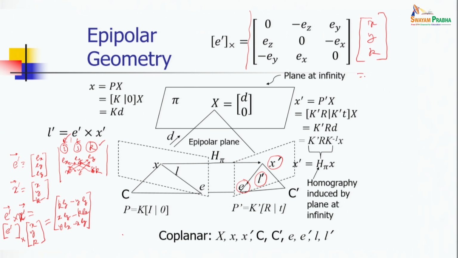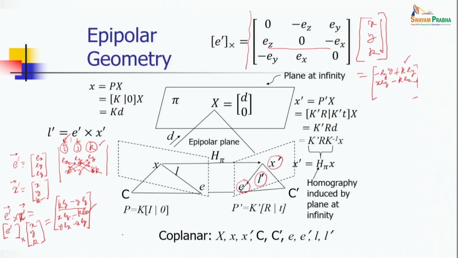So what am I getting? First, you can see that here, minus ez into y plus k into ey, so k into ey minus y into ez. This is the same. Then consider the second row once again. There you are getting x into ez minus k into ex.